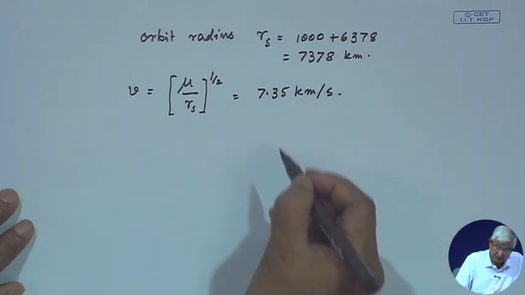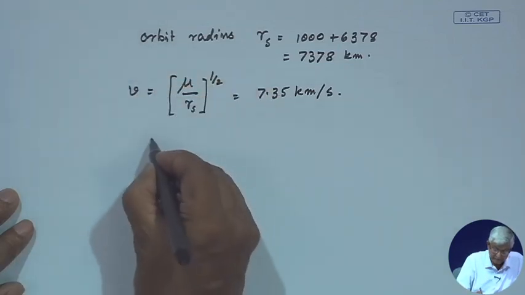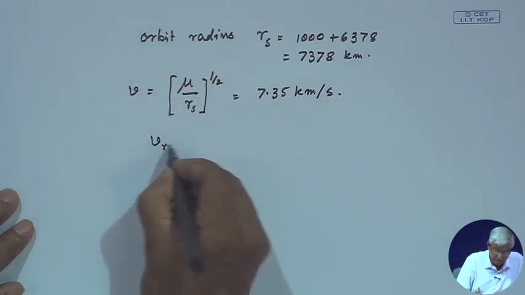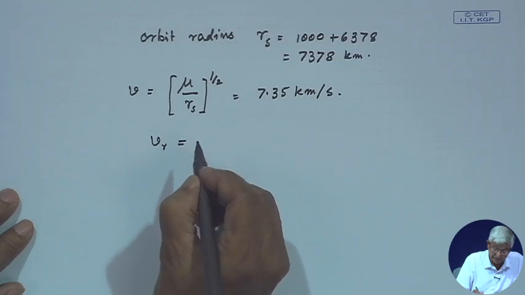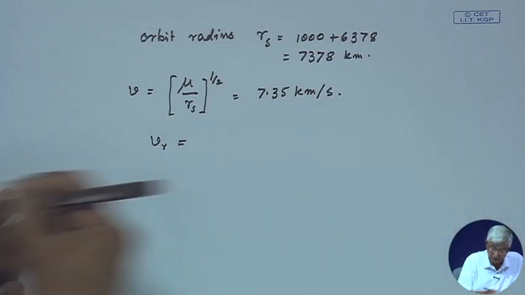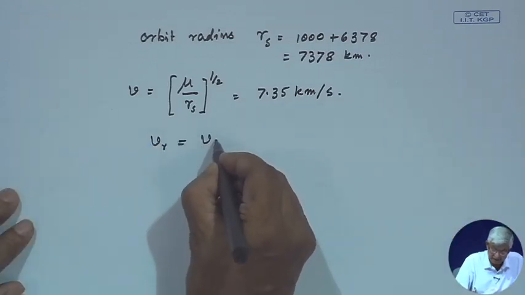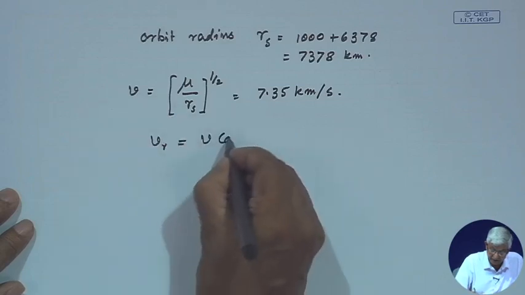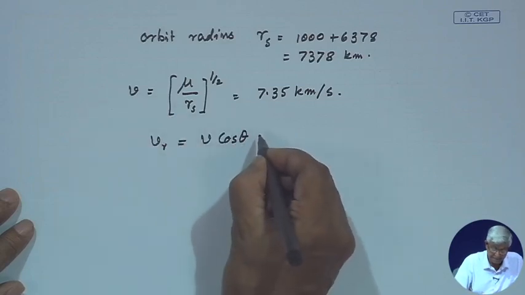And when it is rising from the horizon, the VR, that component velocity which is coming towards the observer, is V cos theta.